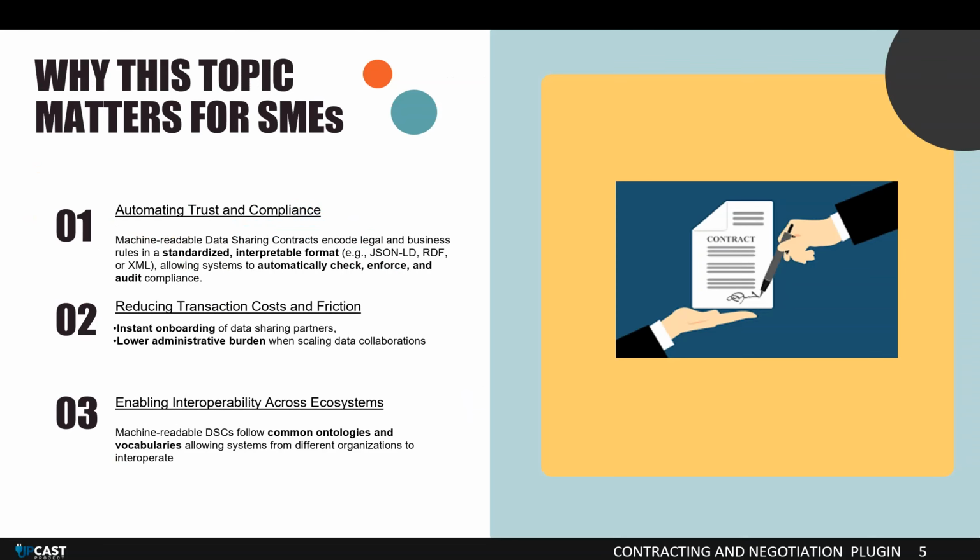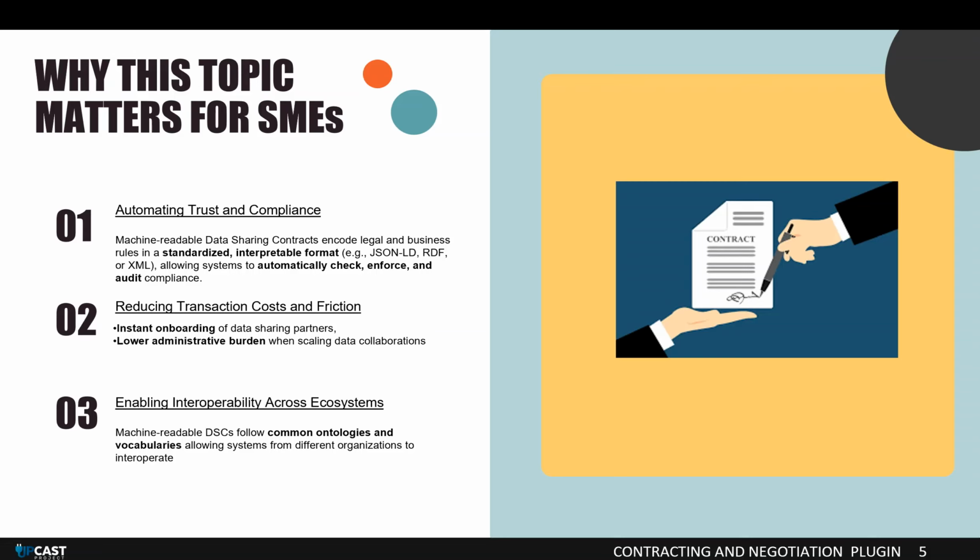For SMEs, trust and compliance are big barriers. Machine-readable contracts help encode legal and business rules so systems can automatically check and enforce them.